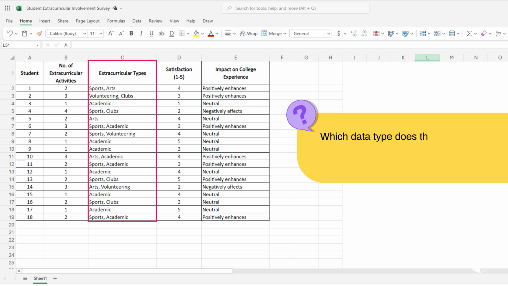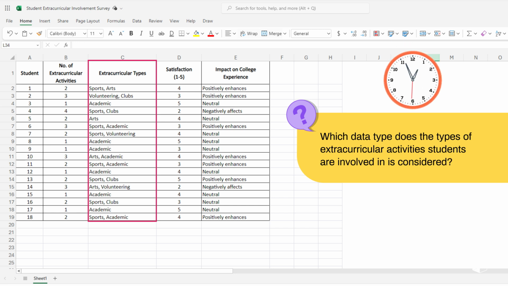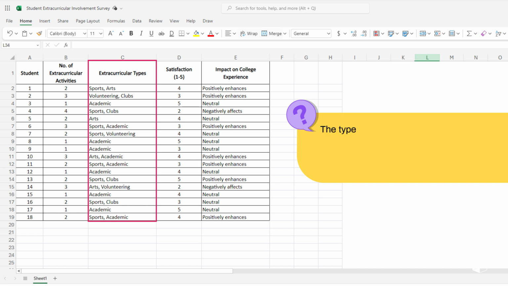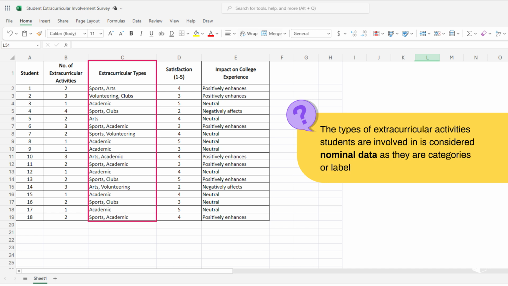Which data type are the types of extracurricular activities students are involved in considered? The types of extracurricular activities students are involved in are considered nominal data, as they are categories or labels with no inherent order.